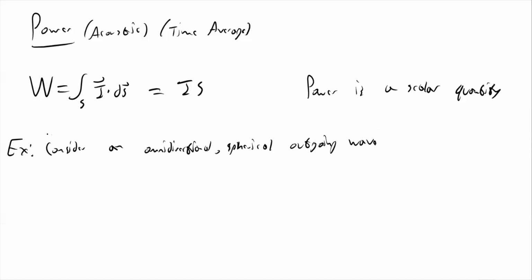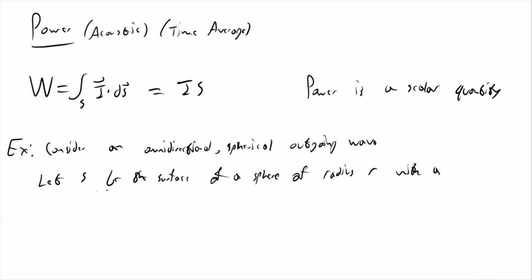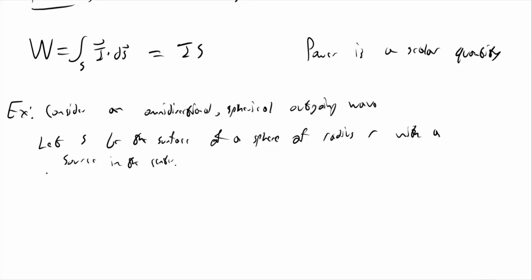And we're going to let S be the surface of a sphere of radius r with a source in the center. So in this case, we have a source, and let's assume that source to be like a point source or a monopole, just for simplicity's sake, though it doesn't change the result.